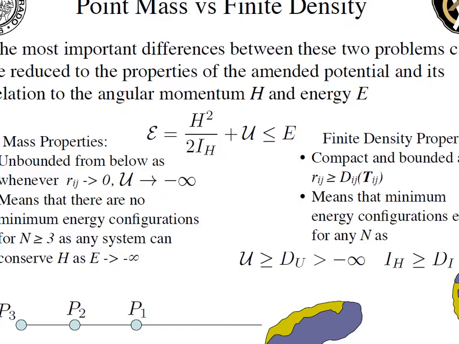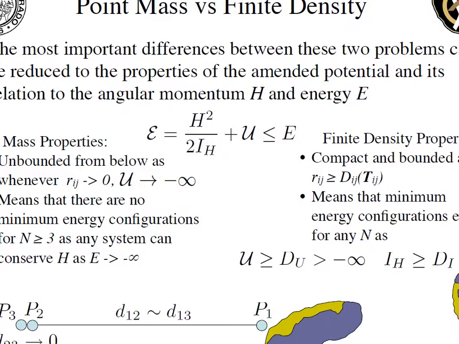And what that means is that there are no minimum energy configurations for n greater than or equal to 3, as any system can be construed to conserve angular momentum while driving that energy to minus infinity in a singularity.